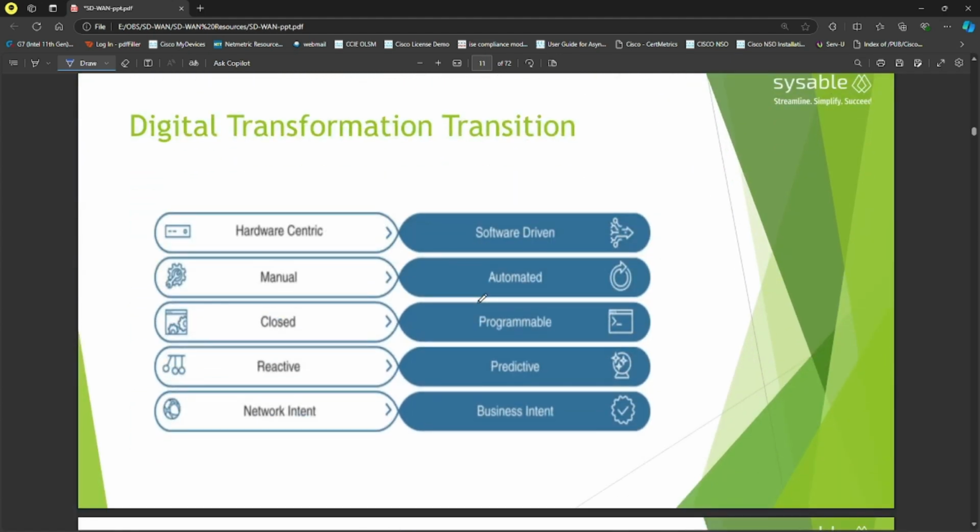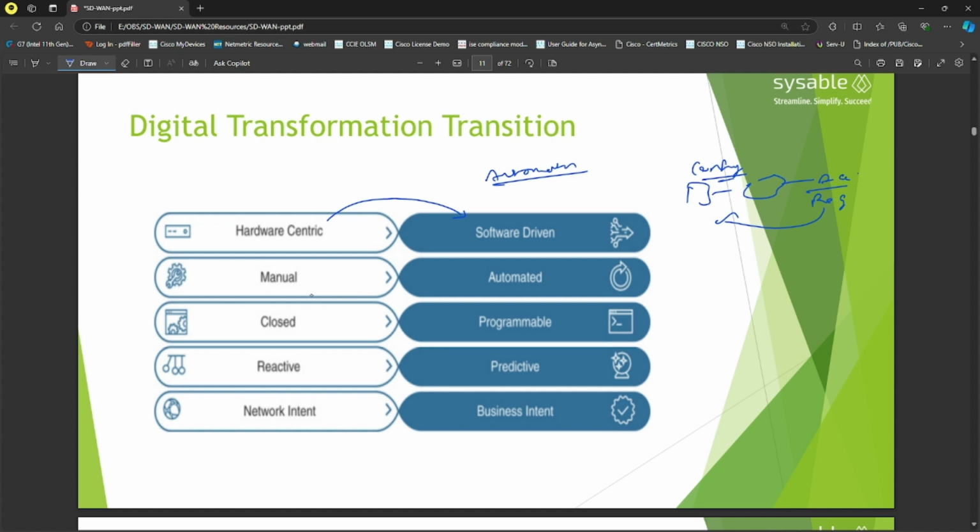Now, in today's digital transformation, we are moving from hardware centric to software driven, definitely, because the Cisco SD-WAN solution itself is a lot of automation. In automation, when you connect a device to the internet, it will automatically go to your account, register itself, and download the configuration from your management device.